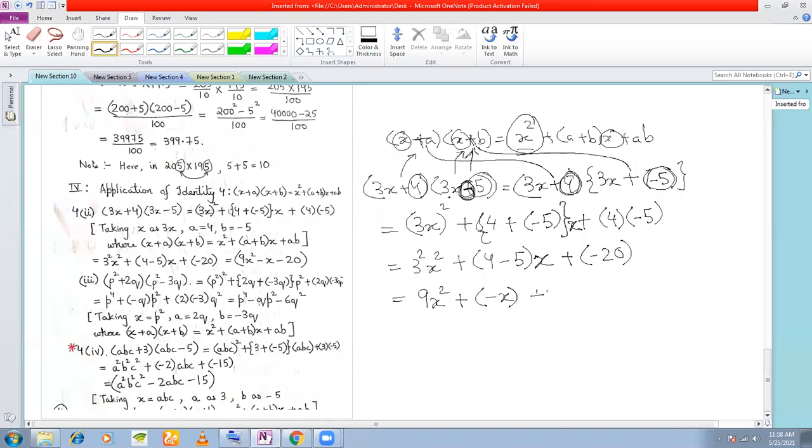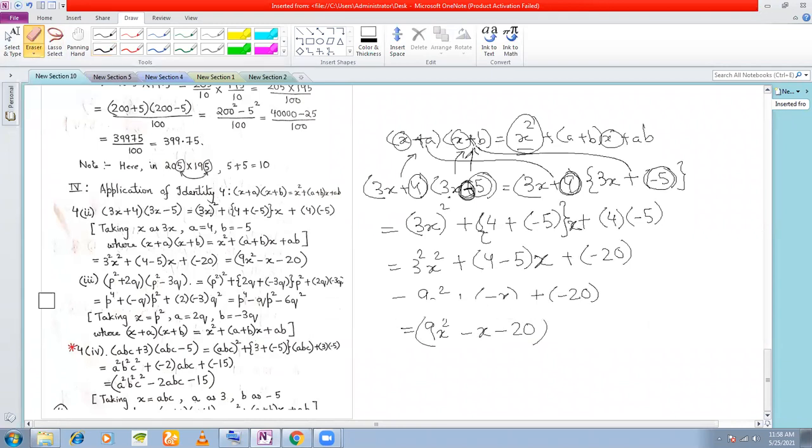And here you have minus 20. So you have 9x square minus x minus 20. And that's your answer. See how easy it gets. Now, once you get used to it, it will become a little easier for you.